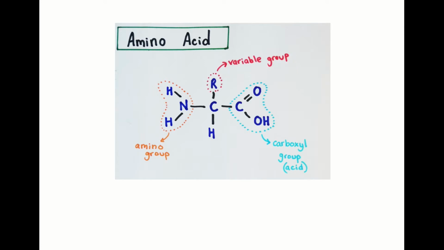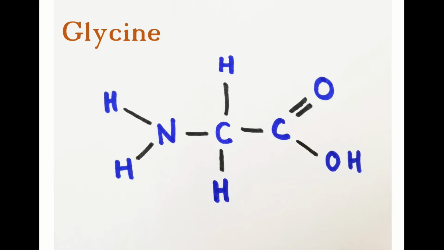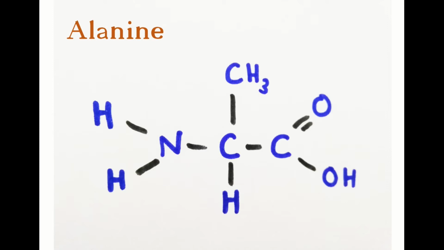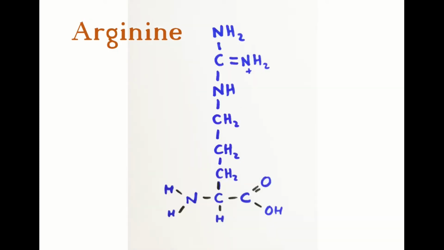It's called the R group or the variable group, and examples are glycine, where the R group is just another hydrogen, alanine, which has CH3, and arginine has, well, a different one again.